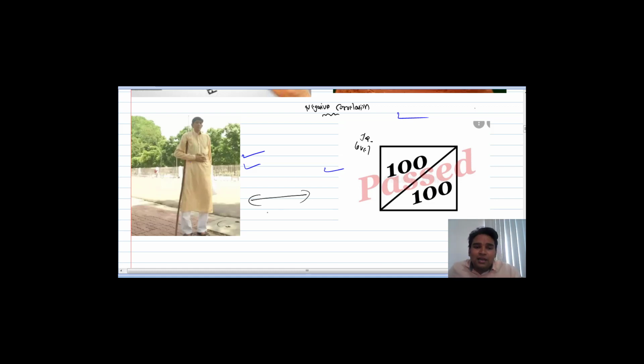That means both variables have non-linear correlation. No relation. You can say nonsense correlation, spurious correlation, right? When the two variables do not have any cause and effect relationship, it is also known as spurious correlation or nonsense correlation, right?